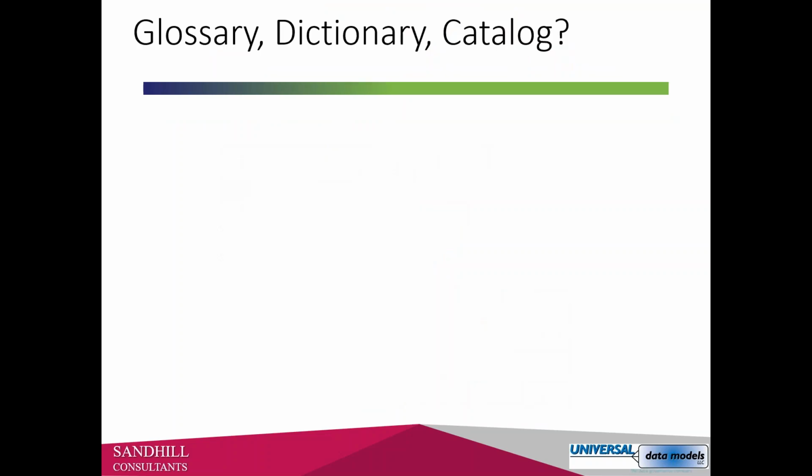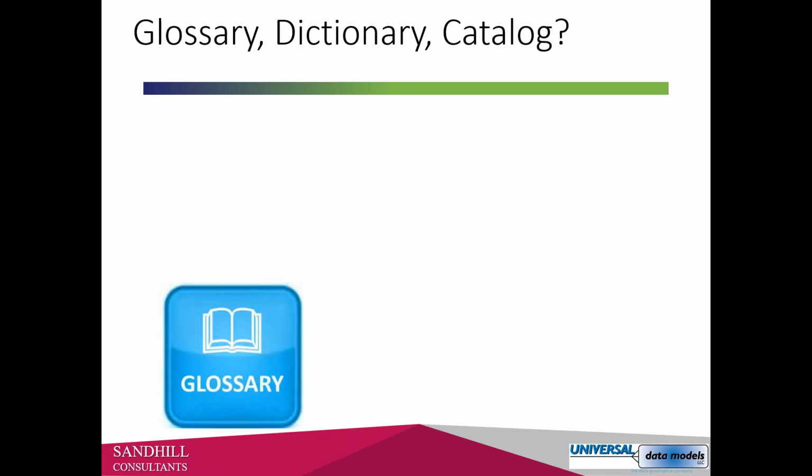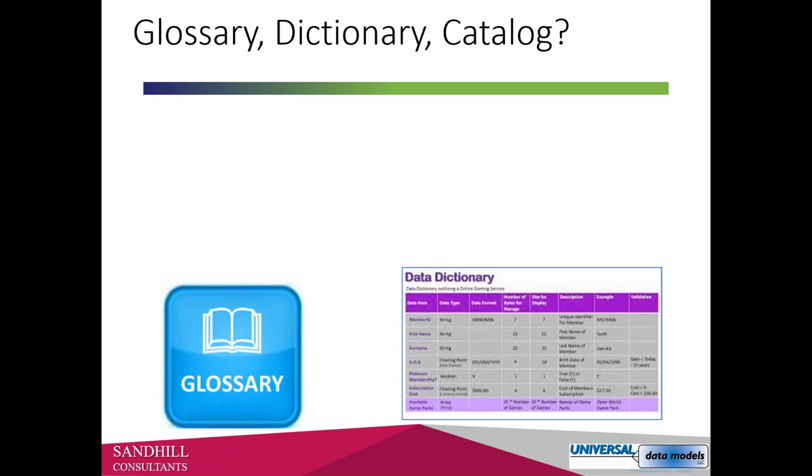First of all, let's talk about the difference between a glossary, a dictionary and a catalog. There's a lot of confusion in the field about this. A glossary is a business view of the information, of the term, the definition, perhaps some policies and rules, but in business language, and this is what we're going to talk about today. A data dictionary is a technical or systems view.